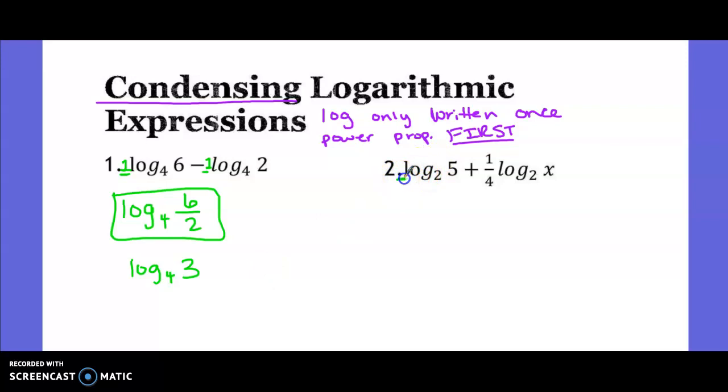Here, there's no number in front of the log, but there is one here, so that's going to become an exponent. And then this is adding, so I'm going to multiply. 5 times x to the 1/4 is 5x to the 1/4 power.